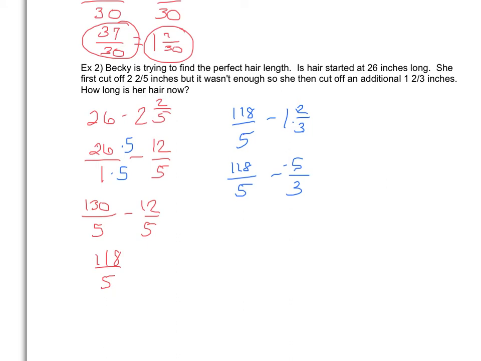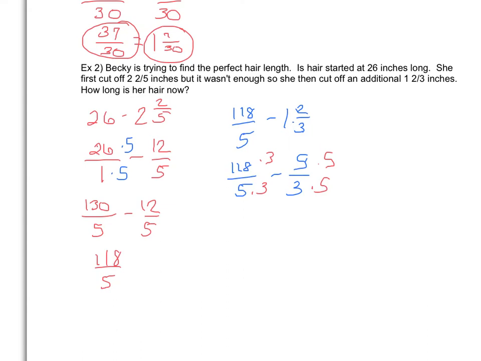Again, I'm going to fix that 5 because it looks like there's kind of a negative in front of it. So let me just rewrite that there. That looks better. Again, I need a common denominator. I know the first number that both 5 and 3 go into is 15. So I'm going to use that as my common multiple, or my least common denominator.